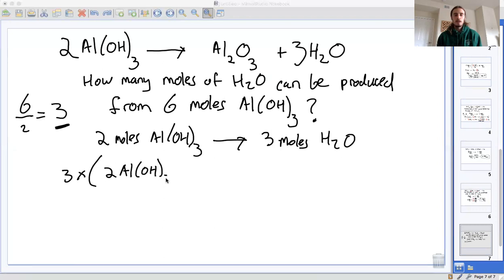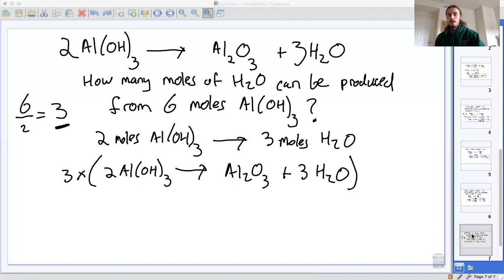And that's going to give me a new recipe that has the same proportions, but is for a larger amount. All right, so when I multiply this out, I'm going to end up with 6 aluminum hydroxides, 3 aluminum oxides, and 9 waters.